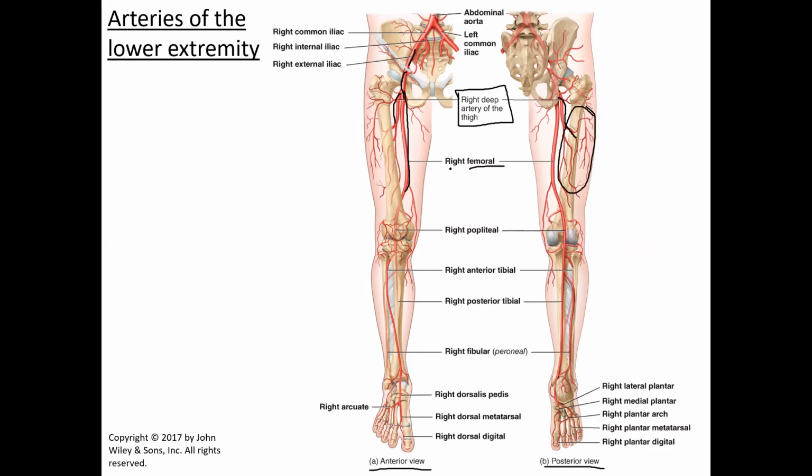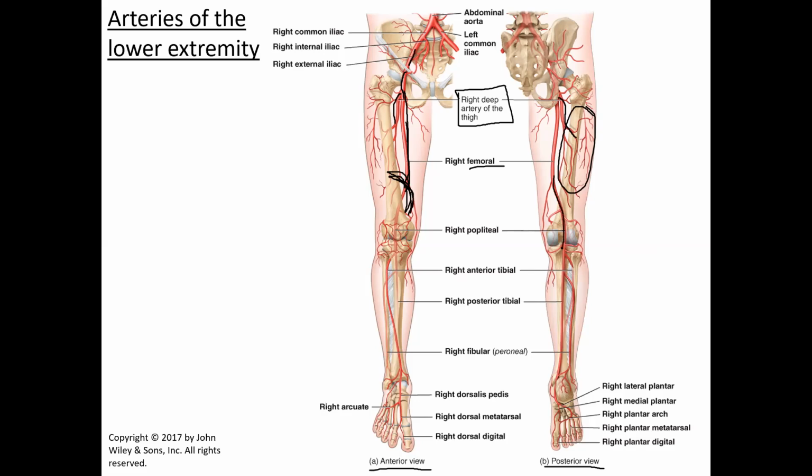Now the femoral artery in the meantime keeps coursing down, and it's going to pass through a little opening here in the adductor magnus muscle. I don't know if you recall from when we covered muscles that there's a little space there right above where the adductor magnus connects, just above the medial knee. So the femoral artery is going to pass through an opening in the adductor magnus muscle and go posterior to the knee.